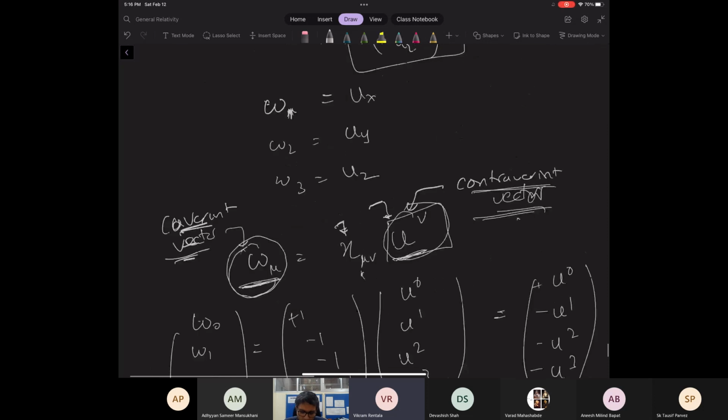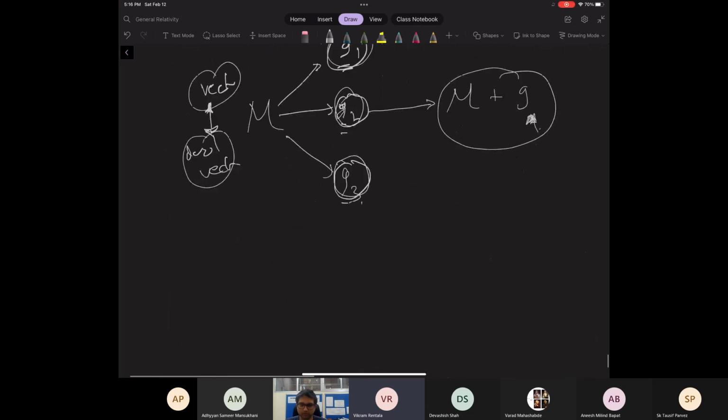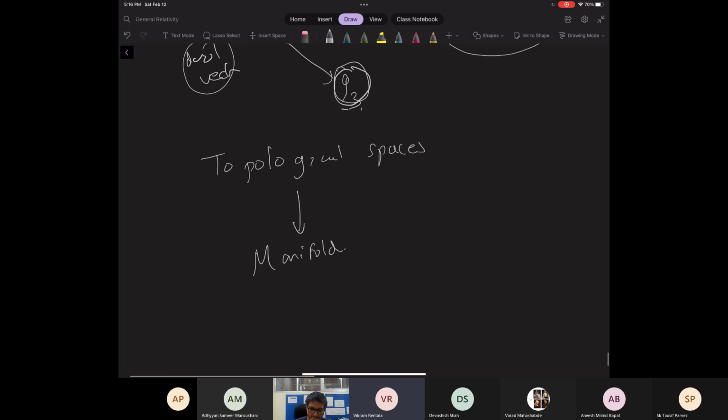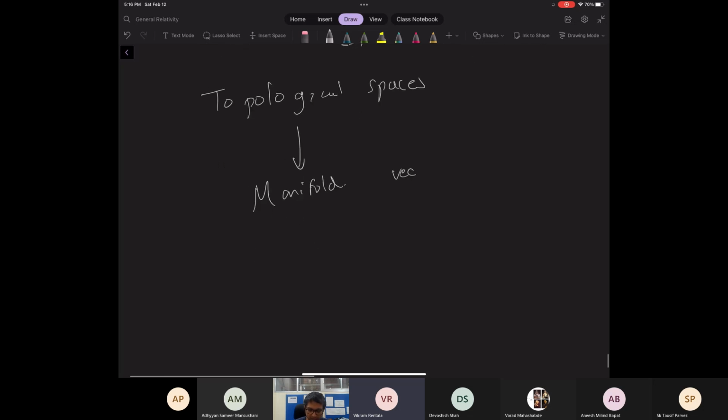Okay, so you see that we need a lot of structure, starting with topological spaces. Then we take topological spaces which have smooth charts which connect them. Then you get a manifold. On manifolds you can define vectors, dual vectors, and tensors.